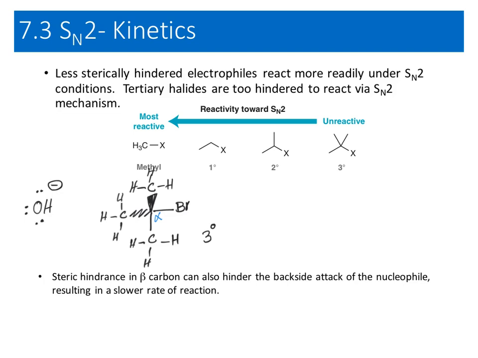Now, if the reaction wants to happen via SN2 fashion, the nucleophile should attack the alkyl halide, the electrophilic center, from the backside. If the nucleophile wants to reach the alpha carbon, there is a lot of electron density around the alpha carbon. So the tertiary carbon is sterically hindered, and it's almost impossible for hydroxide to attack the alpha carbon from the backside.